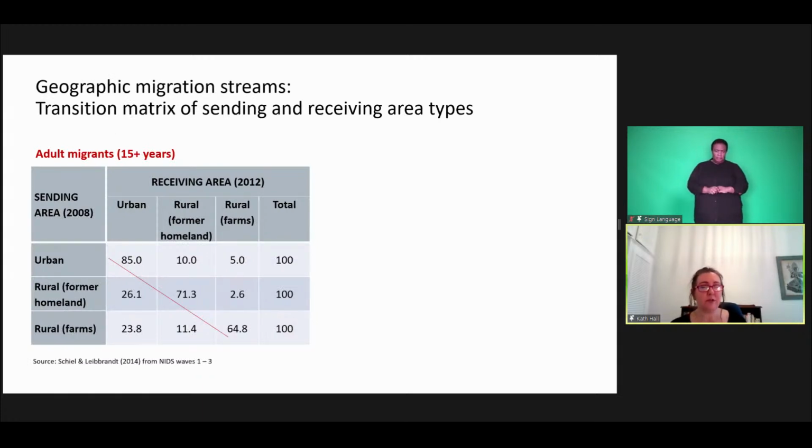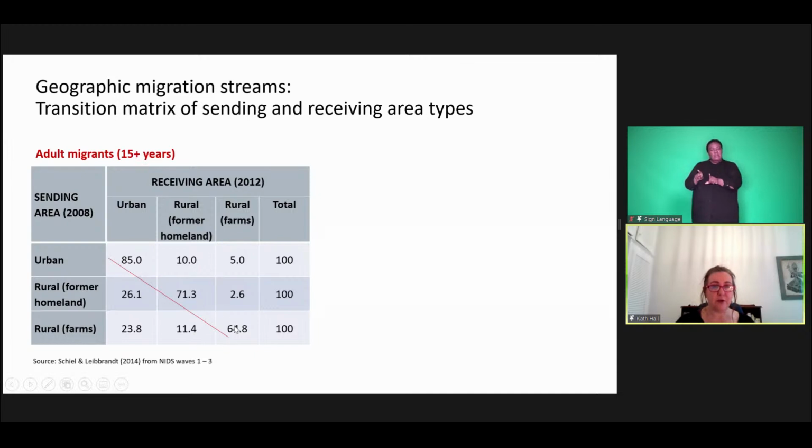Where did they move? It was possible to look at this not so much down to a provincial level, because then the numbers got very small, but previously economists at Saldra had used 3 waves of the NIDS data to compare the sending and receiving locations of adult migrants who moved across municipal boundaries, and they found that migration streams tend to keep people in similar types.